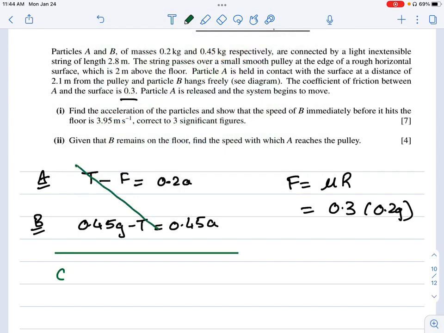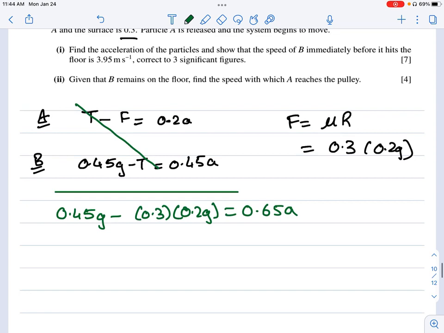Tension cancels. 0.45 g minus frictional force, which is 0.3 times 0.2 g, is equal to 0.65a. Simplify that, and from there you should be getting the value of a, which should be equal to 6 meters per second squared.